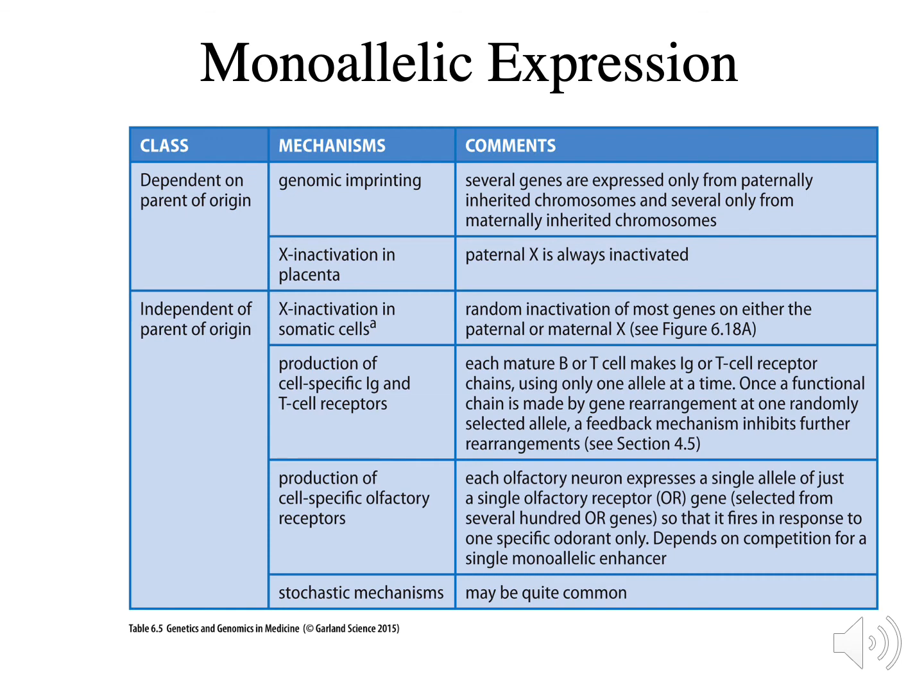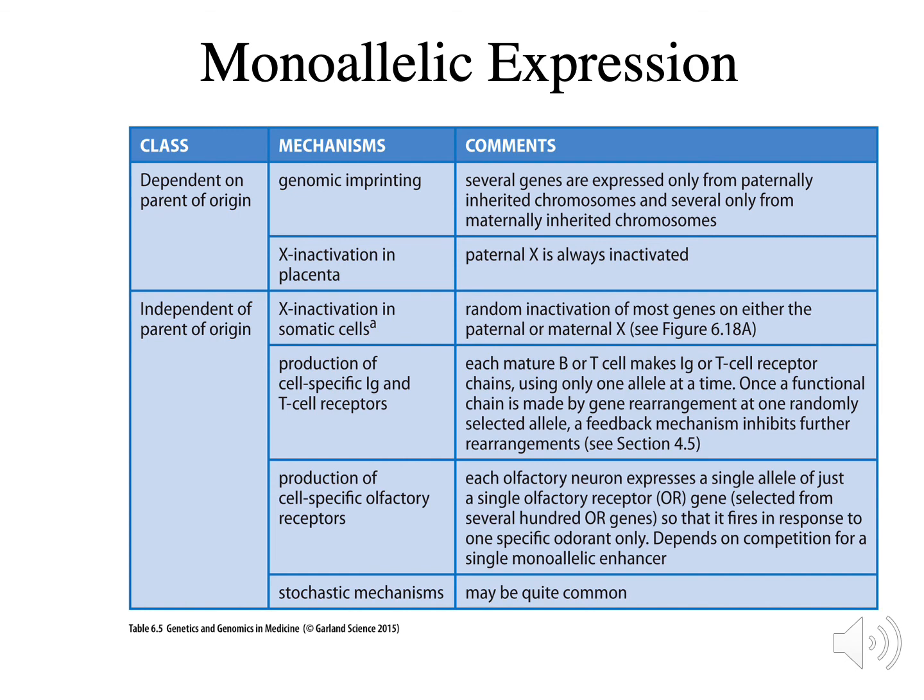And this next table describes and displays examples of monoallelic expression. We were just discussing how many of the genes in mammals are expressed on a monoallelic basis, and the table discusses the mechanisms by which these are achieved, and whether they're dependent on the parent of origin or independent of the parent of origin.